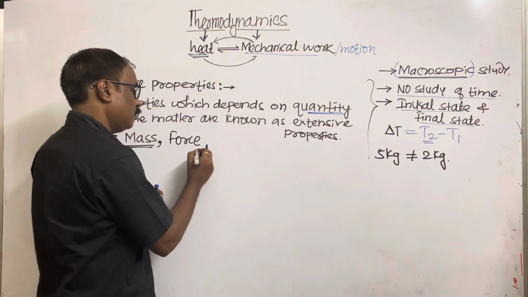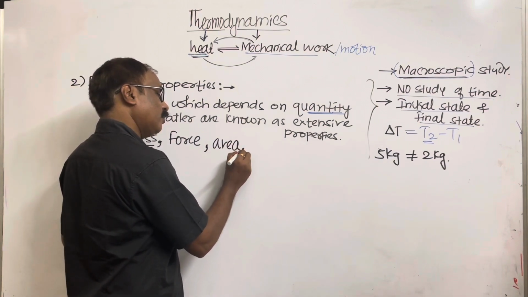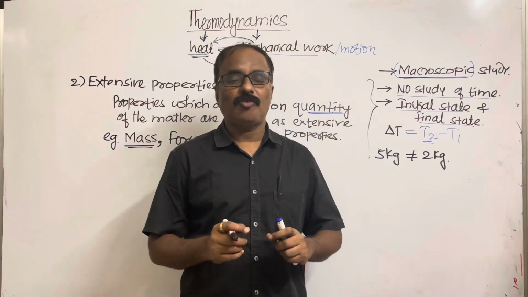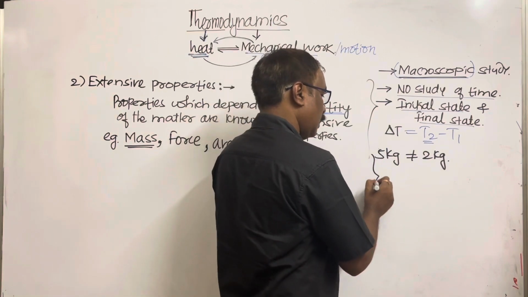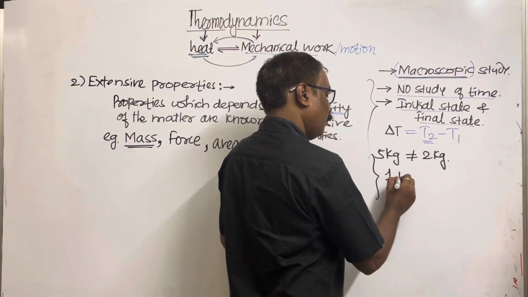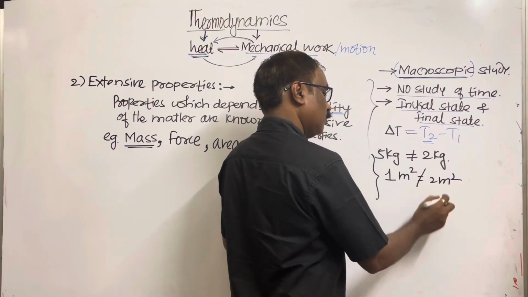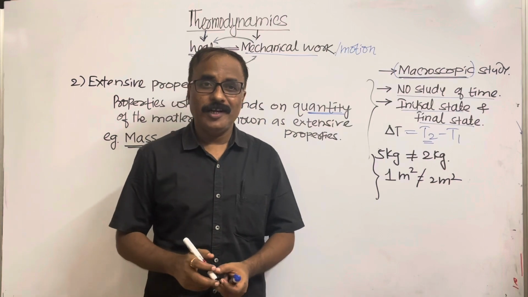Another example, area. Isn't it? Area is also extensive property, isn't it? Suppose अगर आपको किसी ने कहा 1 मीटर स्क्वायर इज इक्वल टू 2 मीटर स्क्वायर, ये गलत है. This is not correct, क्योंकि ये क्वांटिटी पे डिपेंड करती है.